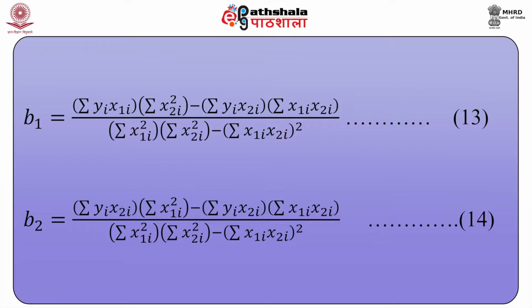B2 is equal to sigma yi x2i into sigma x1i square minus sigma yi x1i into sigma x1i x2i upon sigma x1i square into sigma x2i square minus sigma x1i x2i whole square.